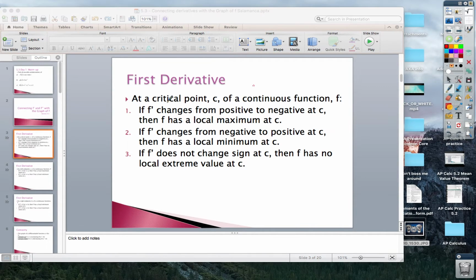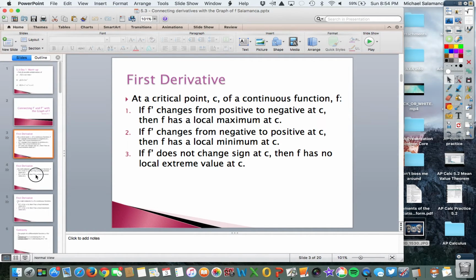So you have to imagine that if we have some critical point, if it's going upwards and then at c, which is up here, I'm going to make it a dot, then goes down to a negative, that means it's going to have a local max, as you can see by the graph. Part 2, if it changes from negative, like it's going downwards, and then to positive, that means it's a local minimum. And it says if f prime does not change at c, then f has no local extreme at c. So that means it just didn't change.